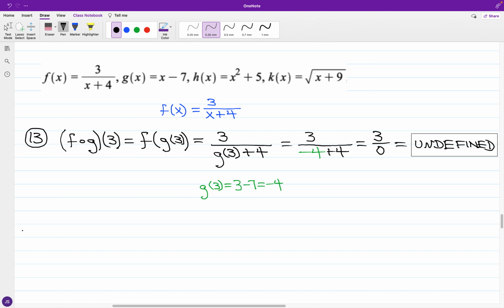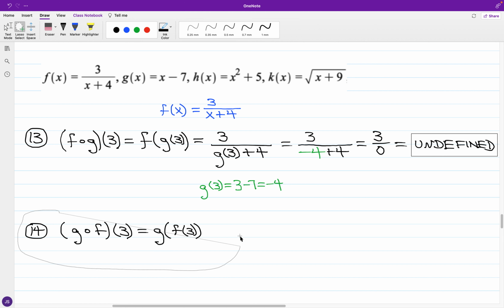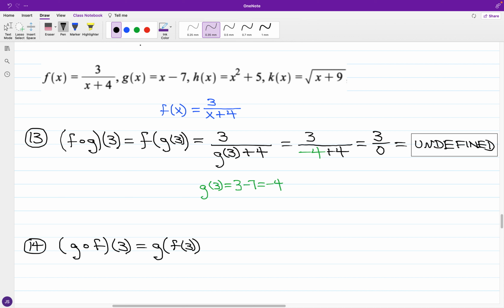Now, if I switch the order of the functions, I have g composed with f of 3. Before, the output function was in line with f of x, but now switching the order, the output function will be in line with g of x.